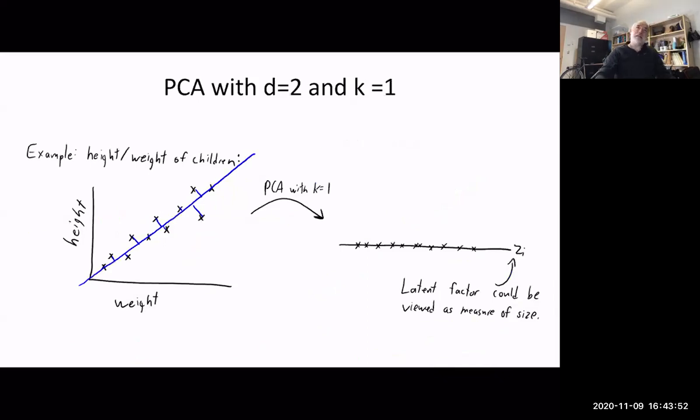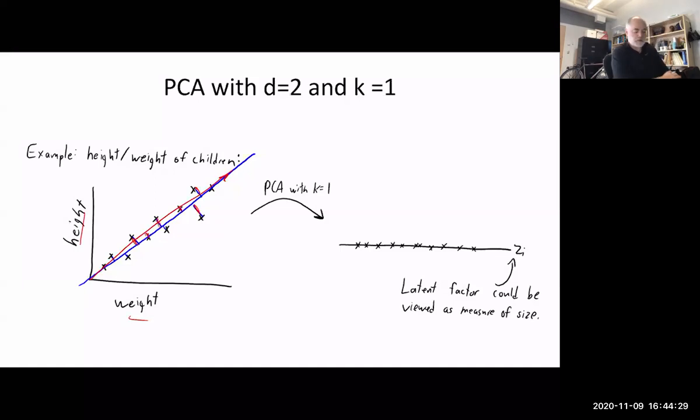And this means that interpretation of the axes of a PCA projection is possible. Generally speaking, the axes are going to be linear combinations of the original features. So if we have, for instance, data which is the height and weight of children, two-dimensional, and we do some sort of PCA projection with k = 1, so one basis vector, one principal component, then we find the direction that minimizes these squared errors.